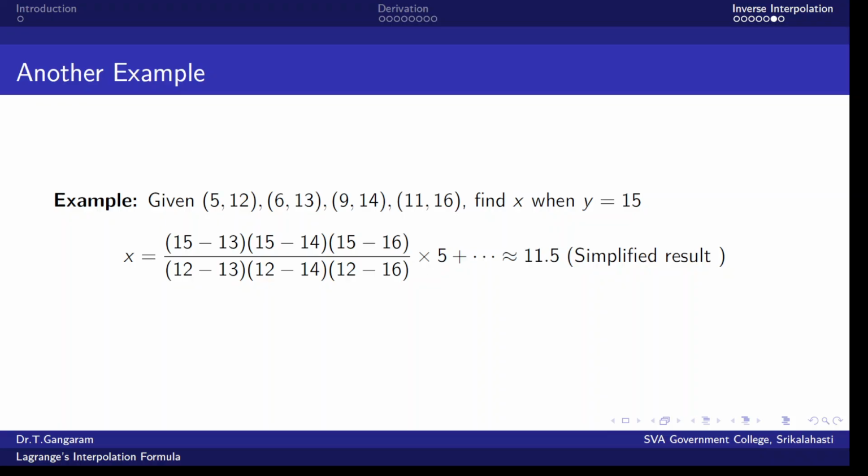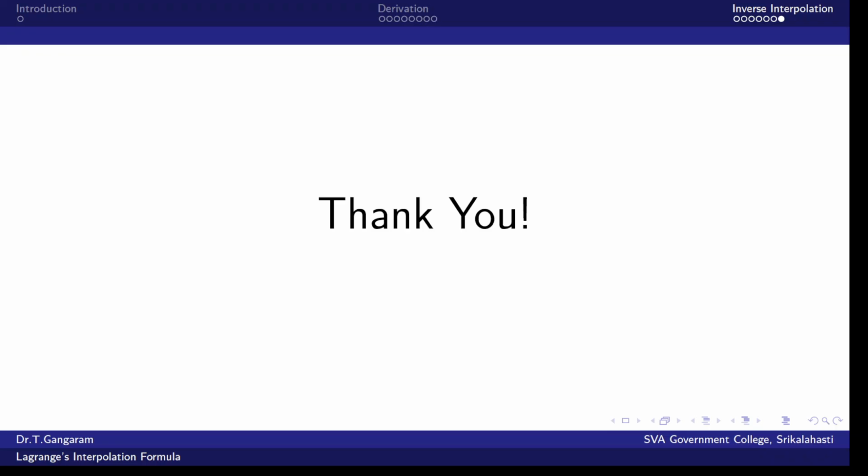Here x is equal to (15 minus 13)(15 minus 14)(15 minus 16) divided by (12 minus 13)(12 minus 14)(12 minus 16), into 5, and so on. After simplification, 11.5 is the answer. Thank you.